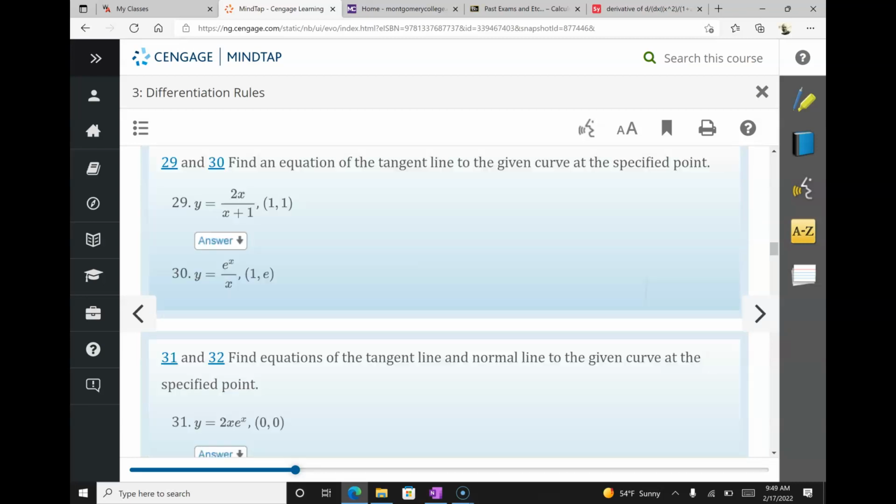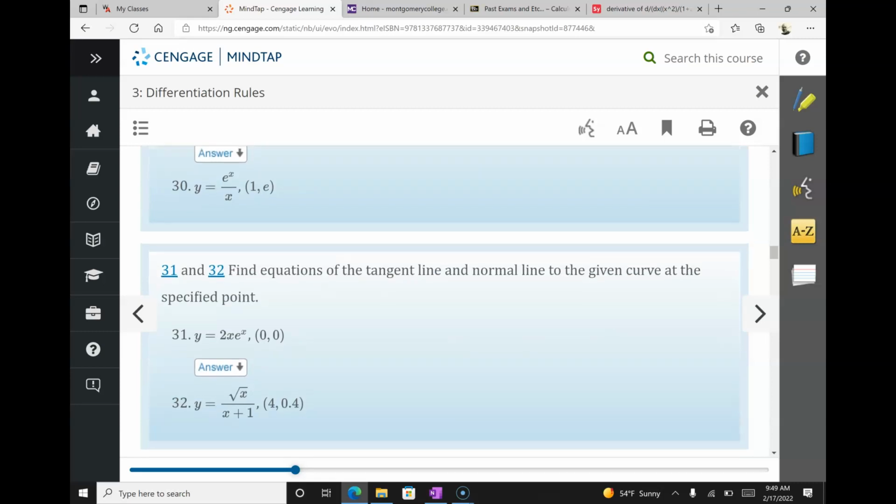It talks about a normal line. I don't know if you know what a normal line is. A normal line is perpendicular to a tangent. Almost like if you could think of a snail moving, you can see its right antennae kind of standing up. So the normal line is perpendicular to the tangent, but I never ask about it, okay?